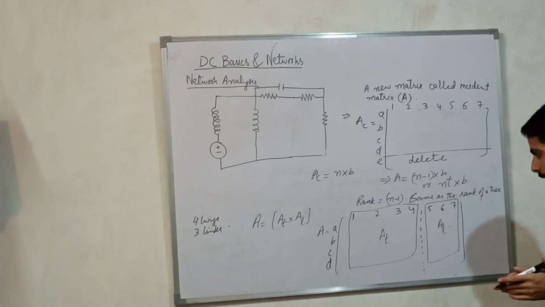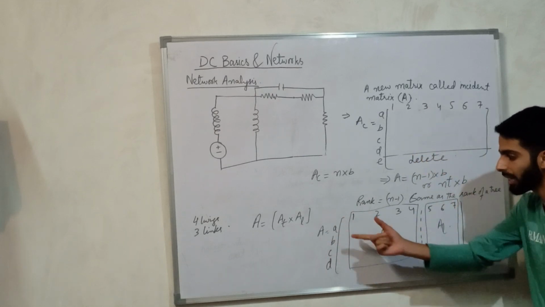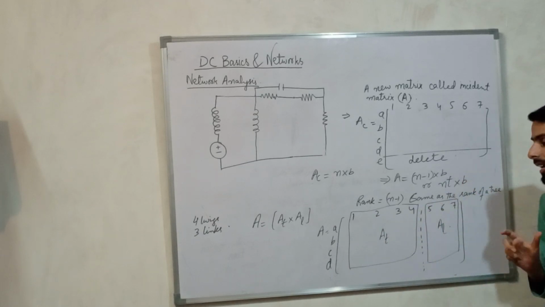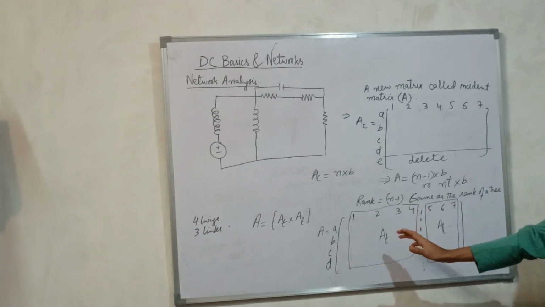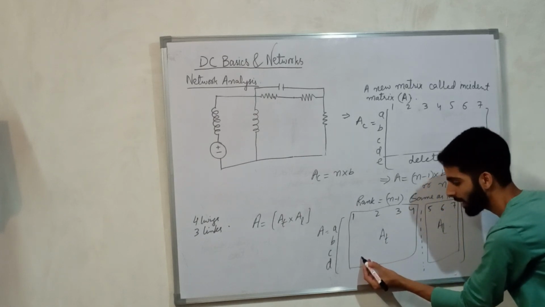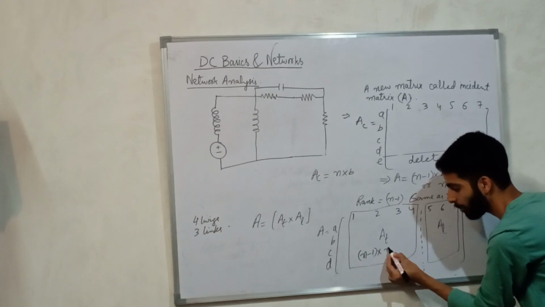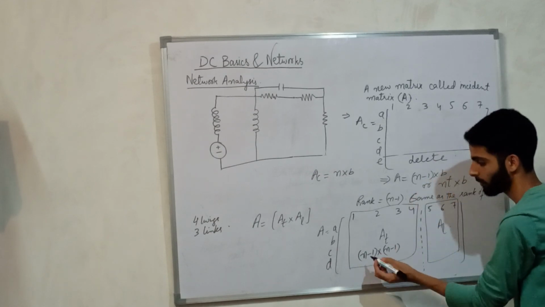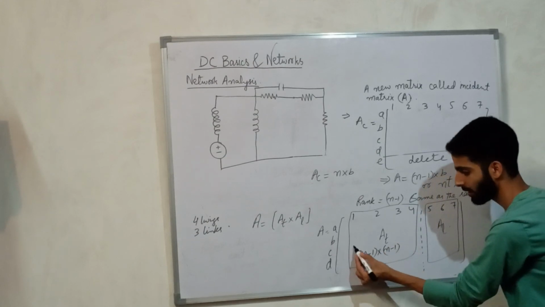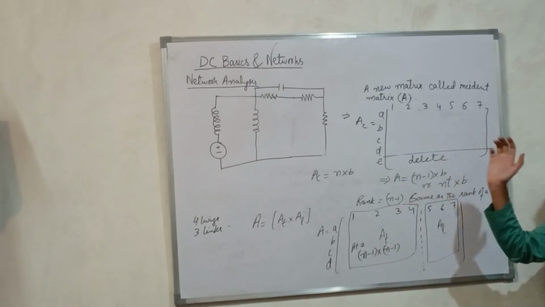Okay friends, if we see, this one will be a square matrix because it has 4 rows and 4 columns. It is a 4 into 4 matrix. So we can write it in the form of a square matrix n minus 1 into n minus 1. So what is the order of AT? AT has the order n minus 1 into n minus 1 because it is a square matrix.